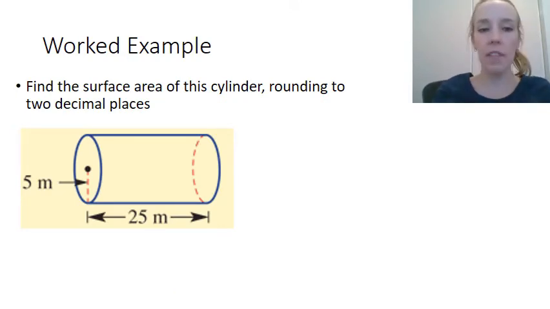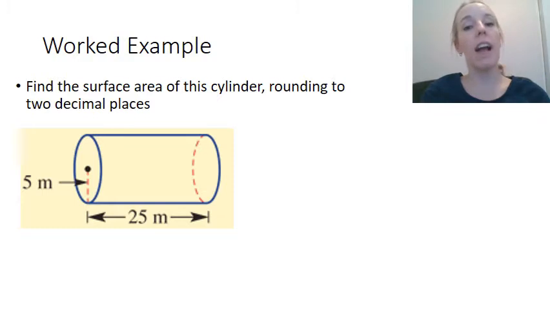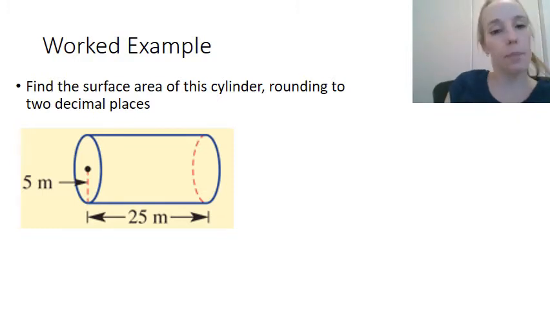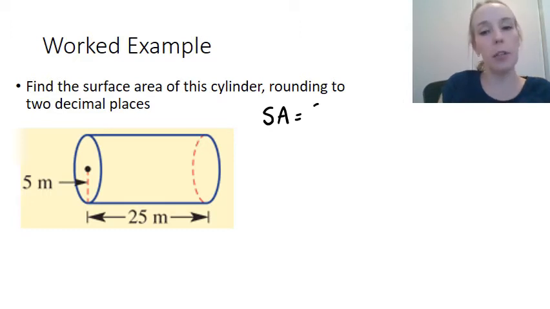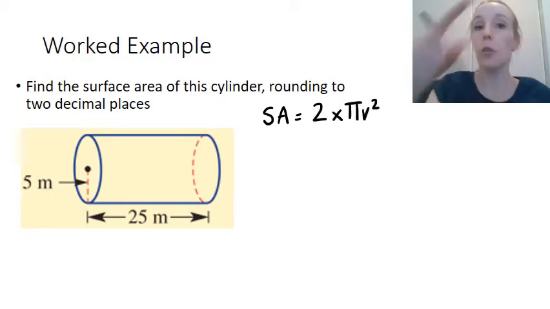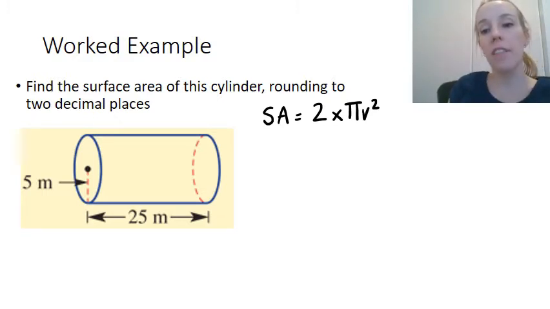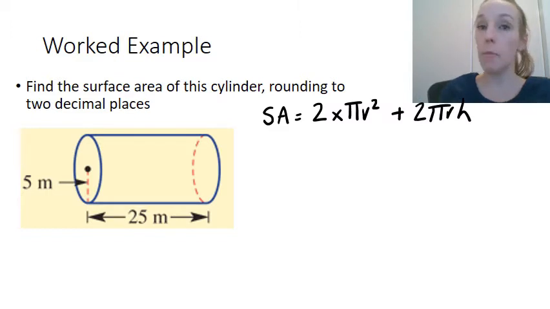Okay, so we've got a worked example here. We have to find the surface area of this cylinder, rounding to the 2 decimal places. So our surface area of a cylinder is going to be 2 times pi r squared, so that's our 2 circles on the end, plus the surface area of our rectangle, which is going to be 2 pi r times the height, and then we can just substitute in our values.